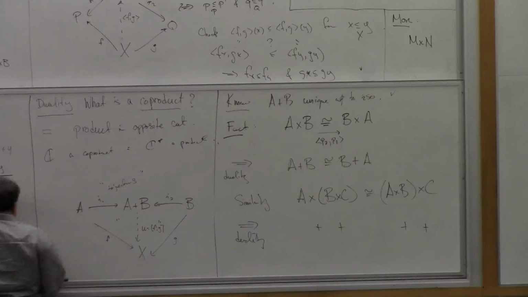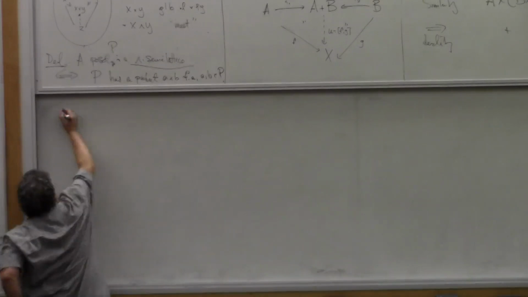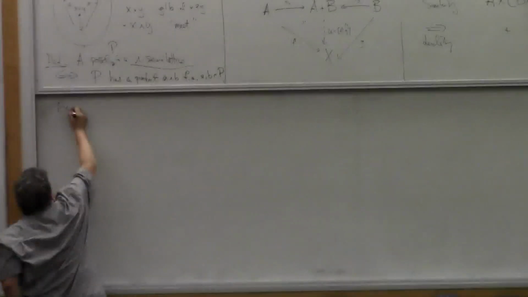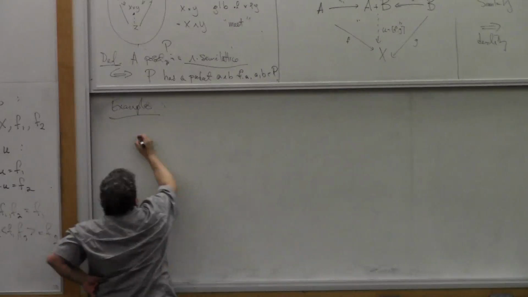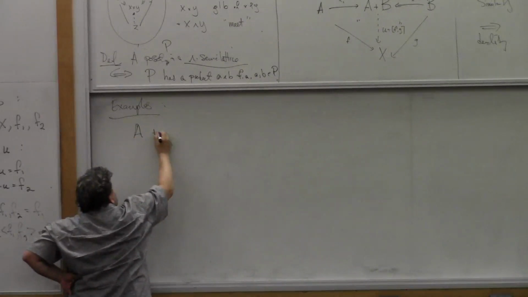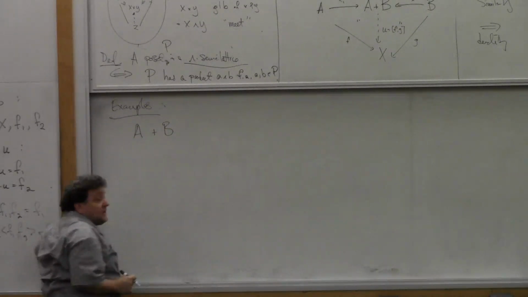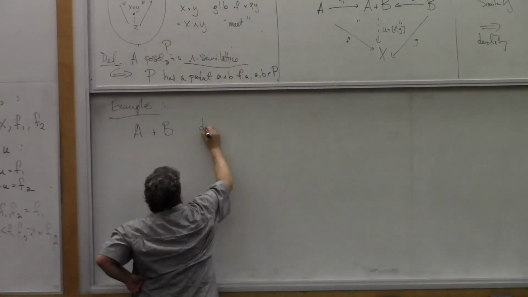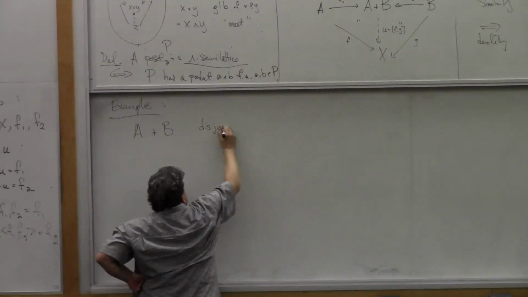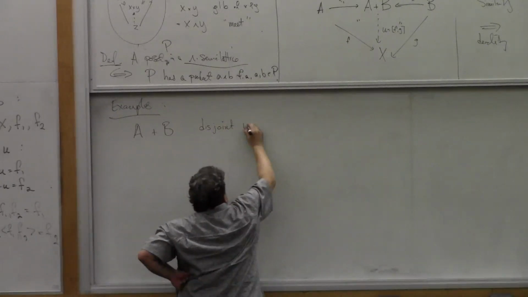What are some examples of coproducts? What about in sets, a coproduct of two sets? That's the disjoint union.